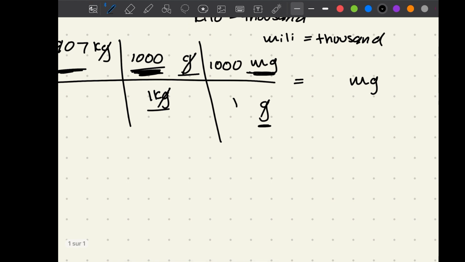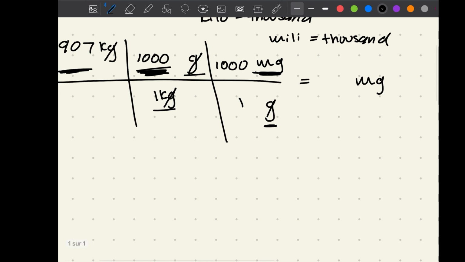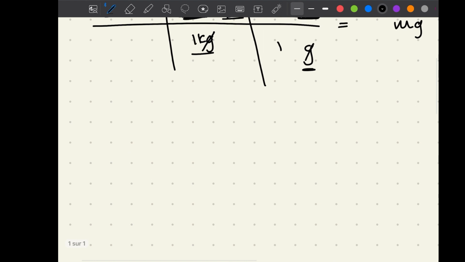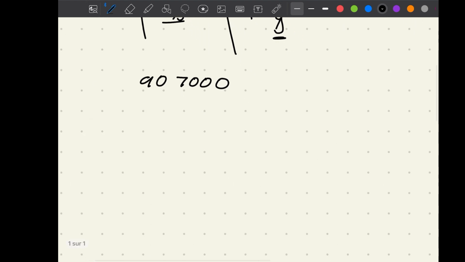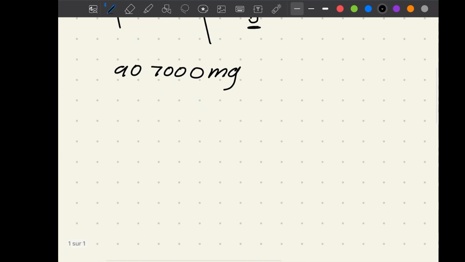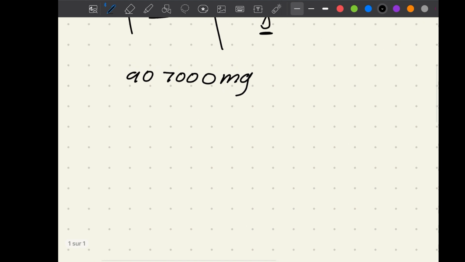Now, if we put that in the calculator, we will get 0.907 times 1,000 times 1,000, and that'll give us 907,000 milligrams as our answer. We can write this in two different ways.